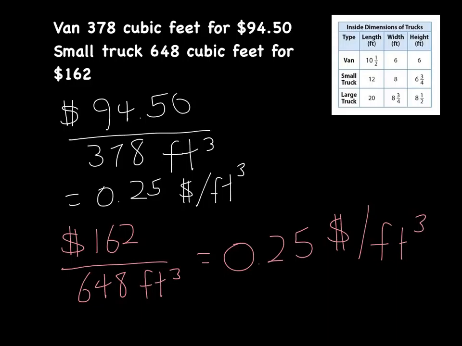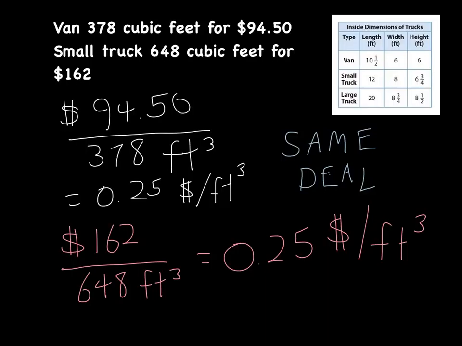What does that mean? My dog Claudia is telling us this is the same deal. In other words, it costs exactly the same per cubic foot to rent the van as it does for the small truck.